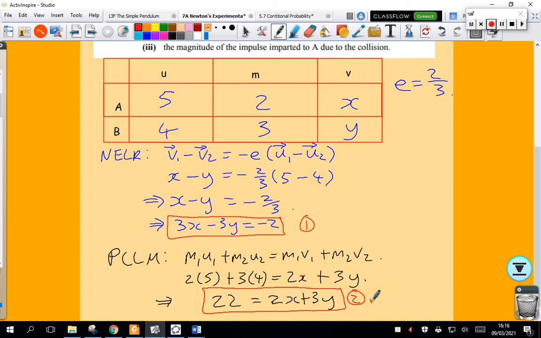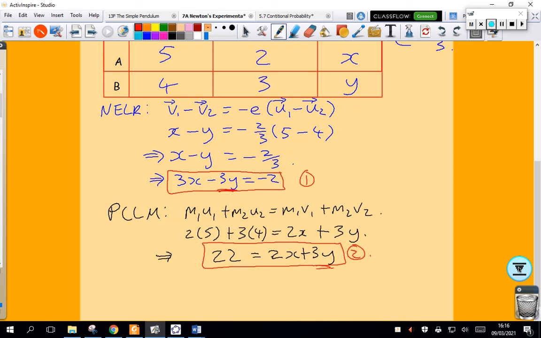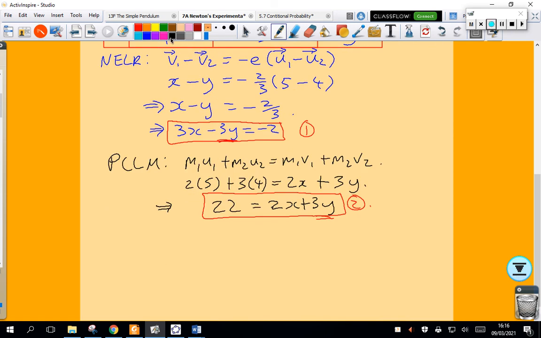And what I'm really liking here is that I have a negative 3y up here and a positive 3y over here. So I'm going to solve these using what's called the elimination process, solving a system of equations using elimination. Equation 1, equation 2, I'm going to rewrite them. Equation 2, maybe I'll write first: 2x plus 3y equals 22.